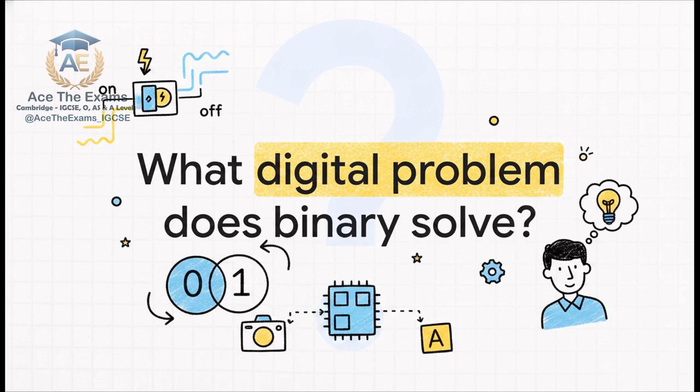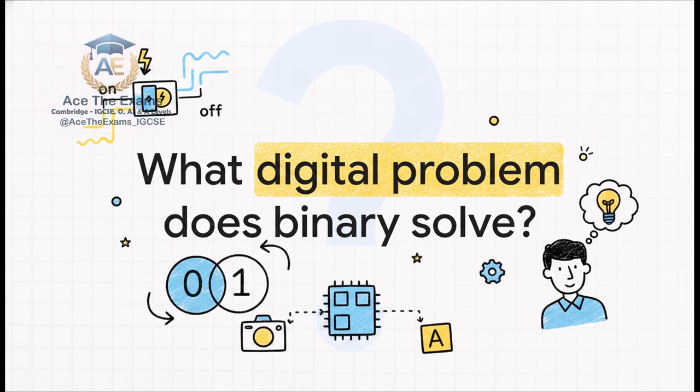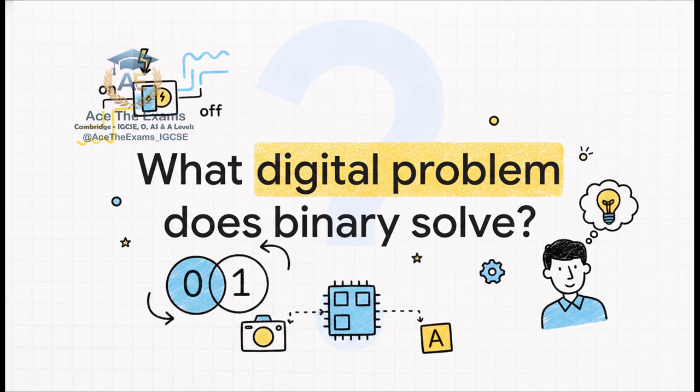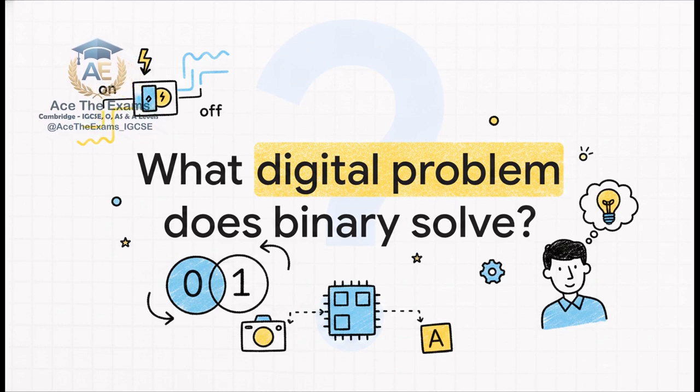It understands power on and power off, true or false, 1 or 0. Binary solves the fundamental digital problem of how to represent infinitely complex human information using incredibly simple physical electronic hardware. When you shift your mindset to this purpose-first thinking, you instantly elevate your ability to answer the high-mark evaluation questions. Why? Because you are thinking like an engineer, not just a student repeating a textbook.